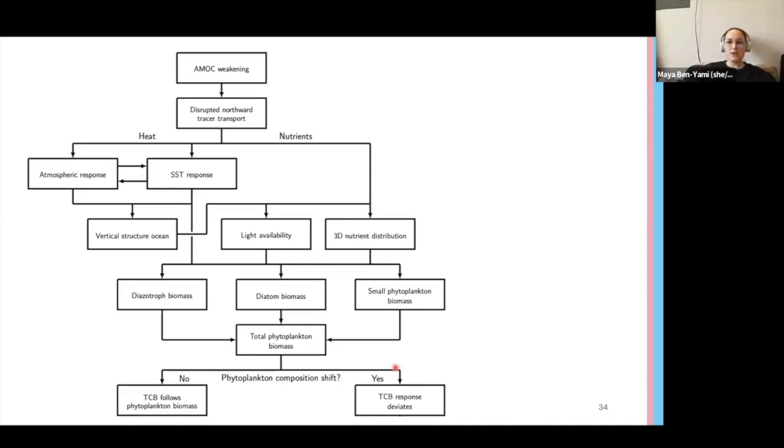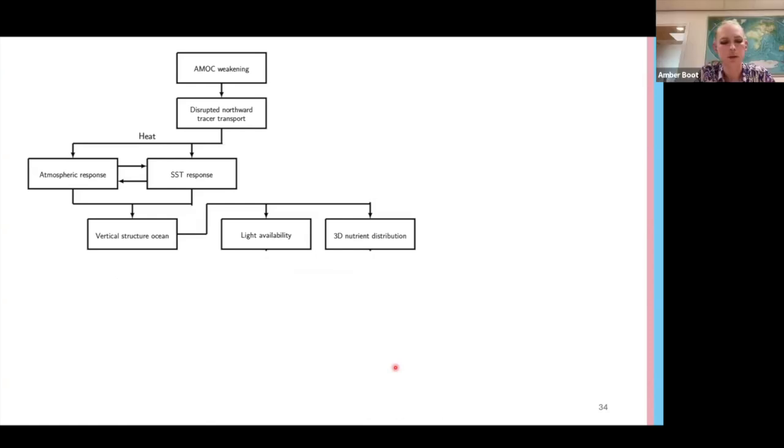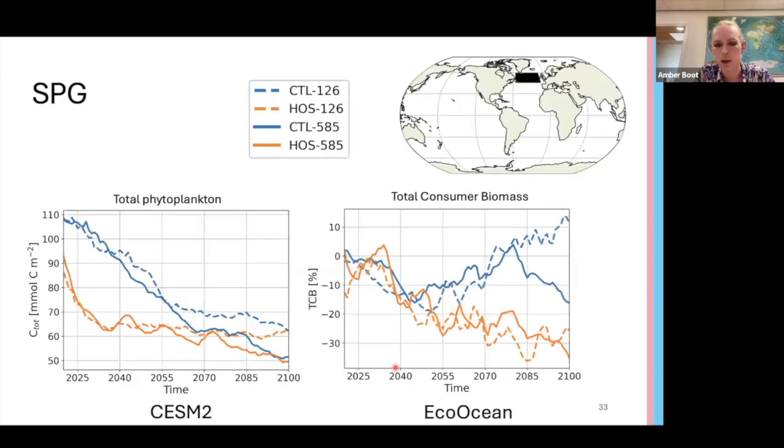I guess maybe a more general version of my question is just what makes a good deviation versus a bad deviation, in terms of the ecosystem. Then I would say here you see that total phytoplankton biomass decreases. If you look at the blue dashed line, this is almost 50%.